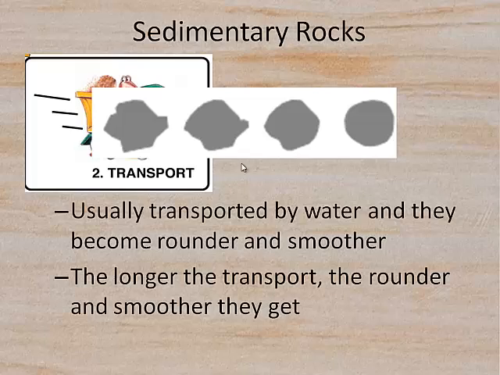So here's a particle that may have been recently broken loose from a rock through weathering, and as it's being transported by water and banging around, these little edges keep getting knocked off, and the particle gets rounder and smoother. And eventually, if it's transported a long distance over a long time, it'll end up relatively round and smooth.